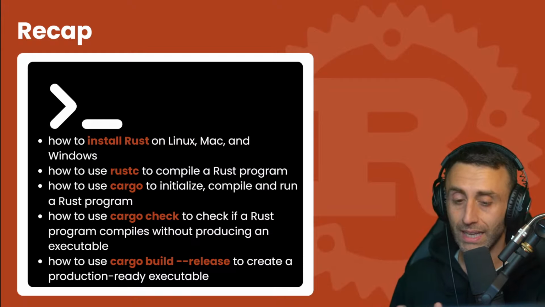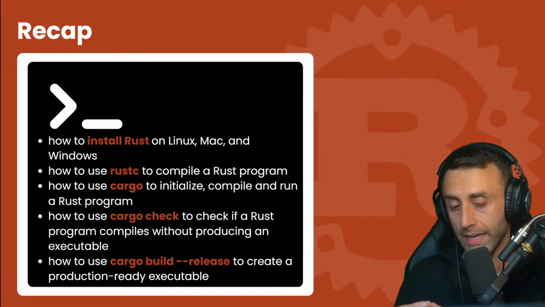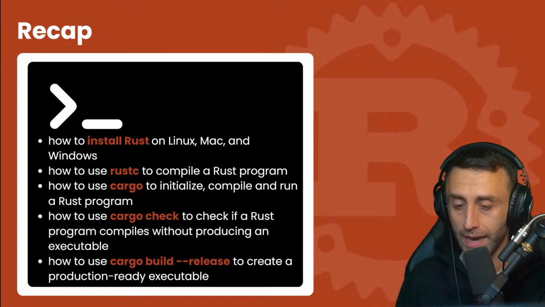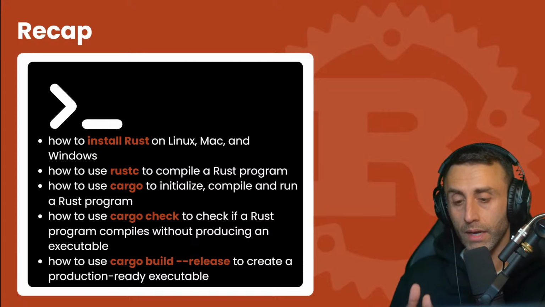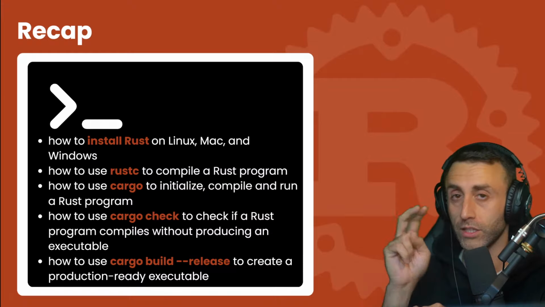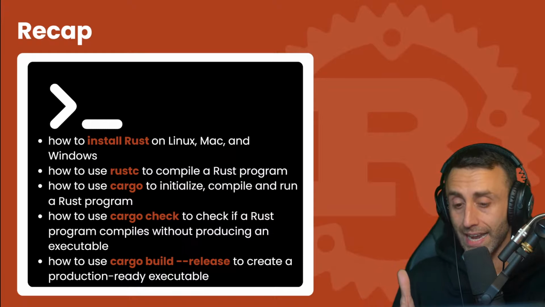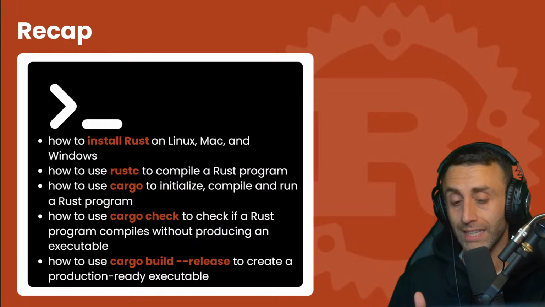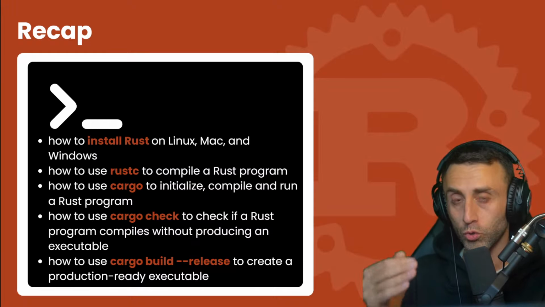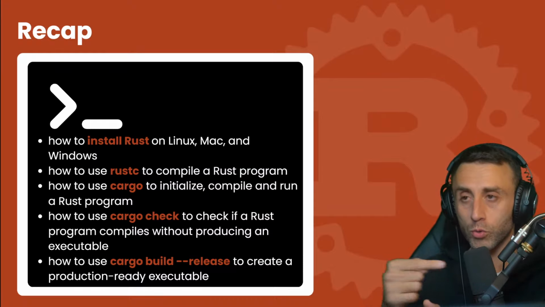Now we did a hello world using the Rust compiler called rustc to compile a single file into a single executable file. And then we used cargo to initialize, compile, and run a Rust program. We also checked two extensions, Even Better TOML and Rust Analyzer. We also tried cargo check, which is a command to check if a Rust program has some errors, but without producing the executable.